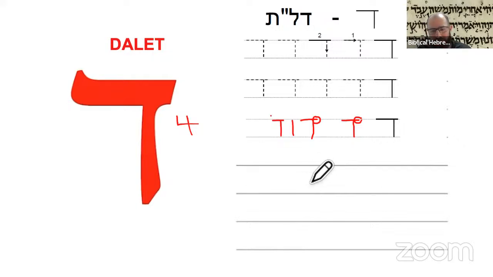4 is an important number. So again, it's very simple to write Dalet, like a straight line. This is the biblical Hebrew. And remember always to leave this part, all right? And then the modern Hebrew Dalet is like this. Let me repeat again.